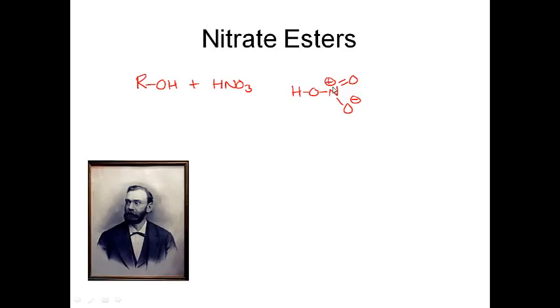And so if we wanted to form, for instance, the nitrate ester, we would simply have our alcohol come in, and we would lose water again in a condensation reaction, and that would then give us the formation of this nitrate ester.